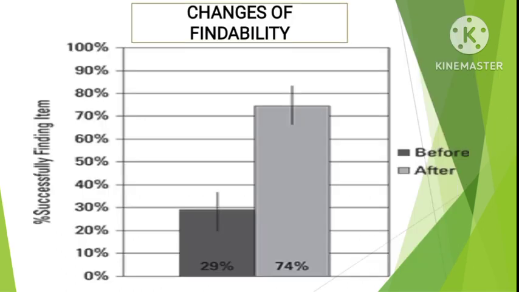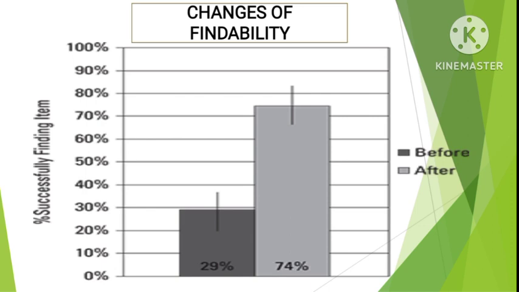As we can see, we have our graph here showing the changes of findability after implementing changes. First, we have 29% findability in our website or our product from the customer.